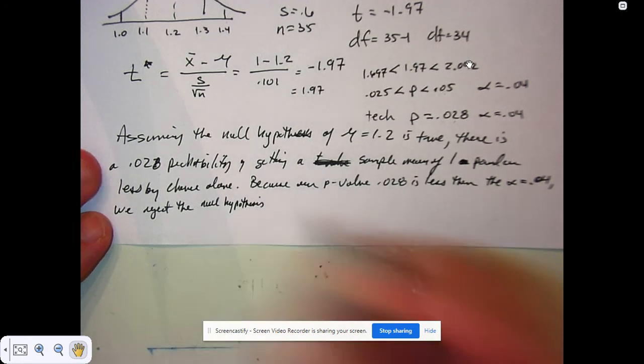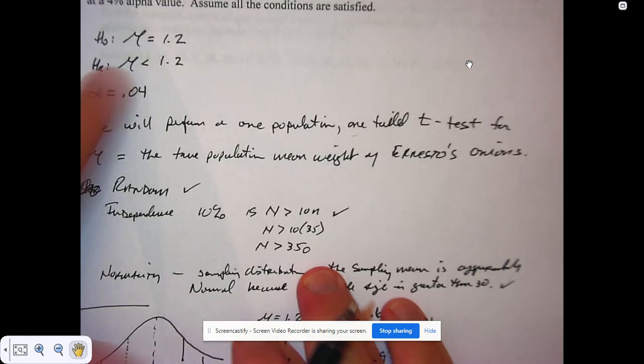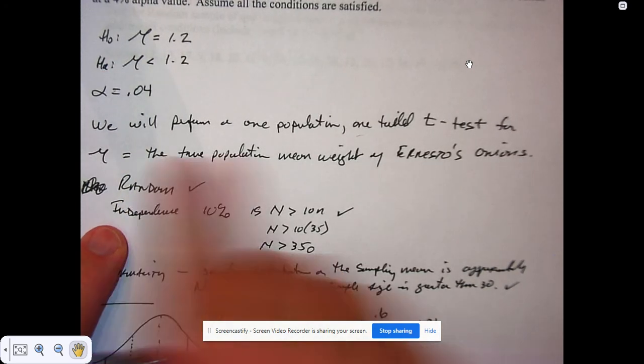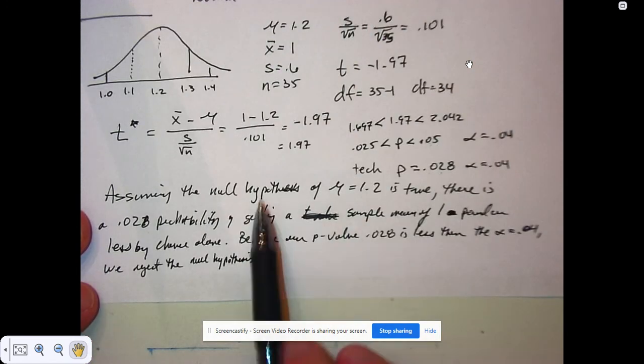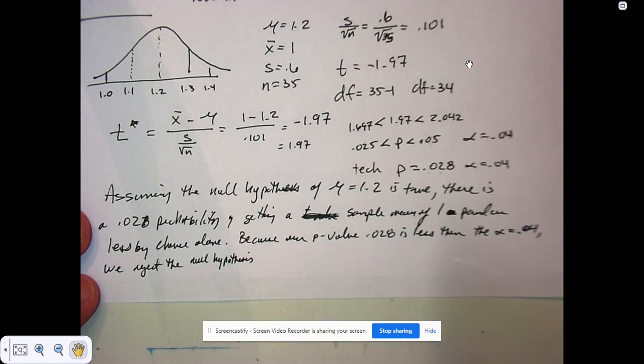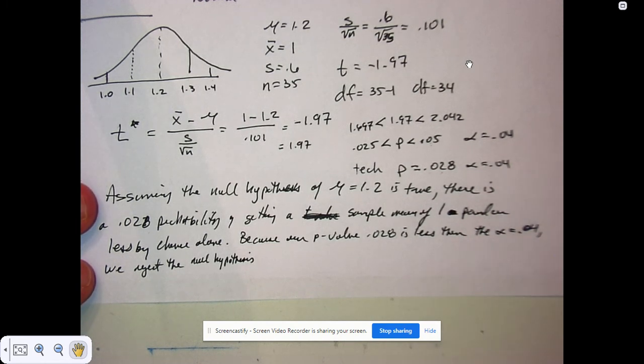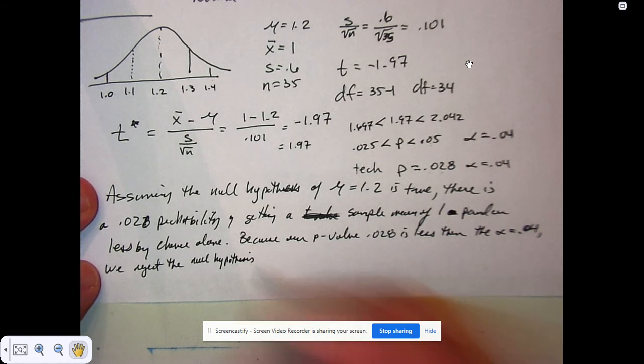There's a school of thought that says once you've said what your null hypothesis is, you don't have to keep writing what the null hypothesis value is. I'm not in that camp. I would rather have context the entire time. So we reject the null hypothesis.